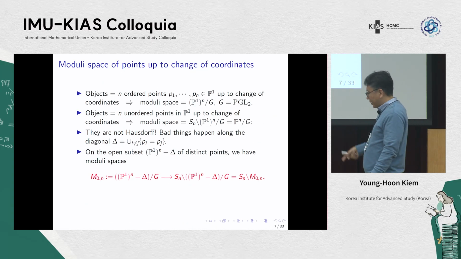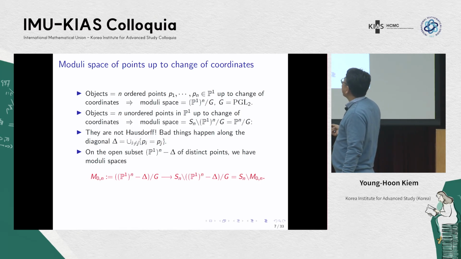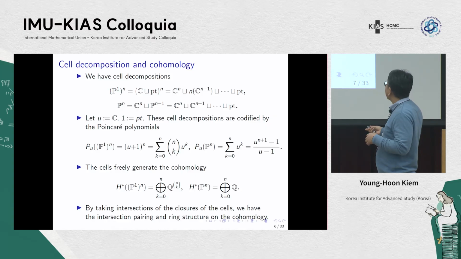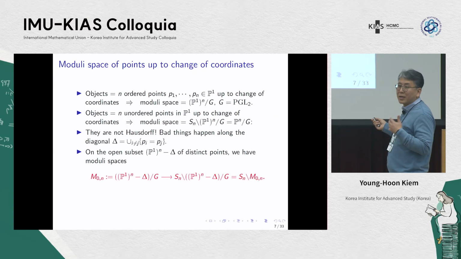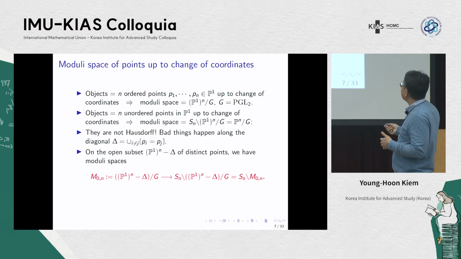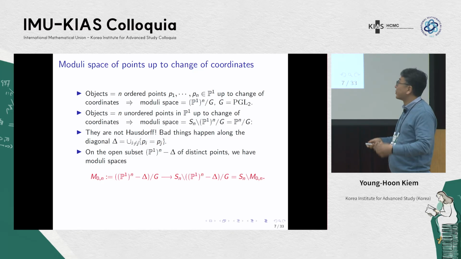Okay, now we modify our problem again. We want to classify n ordered points, P1 to Pn, in the projective line P1, up to change of coordinates. Now change of coordinates means PGL2, fractional linear transformations.